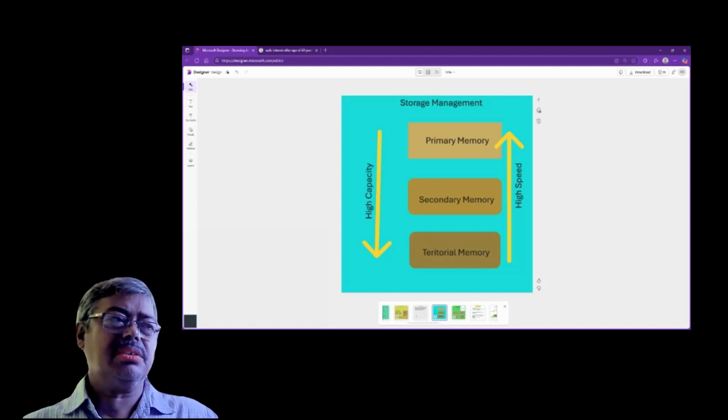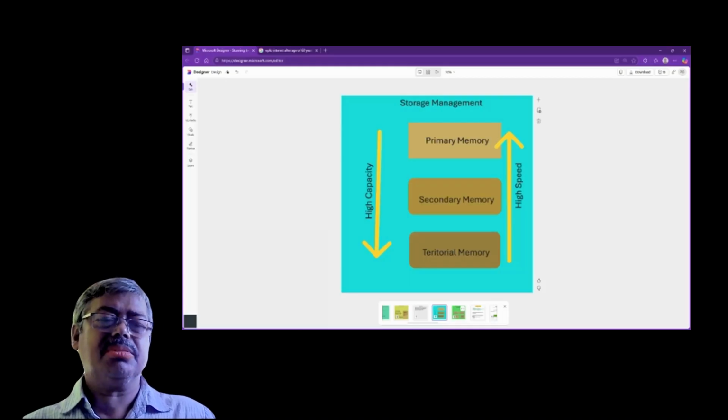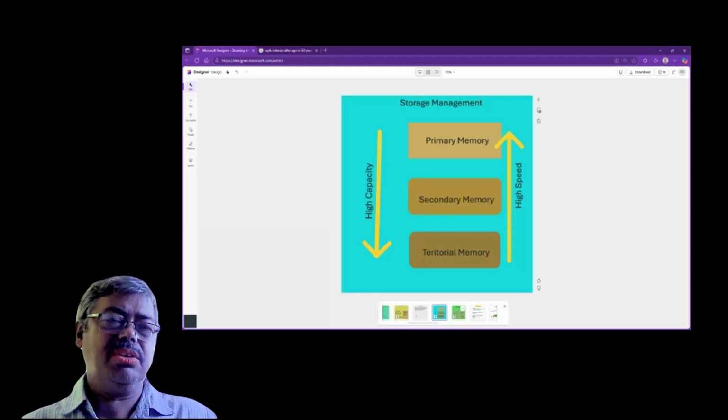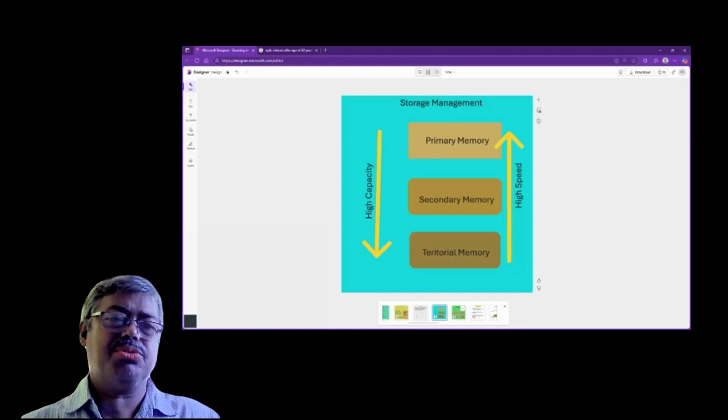Secondary storage is SSD, hard disks, pen drives, etc. This memory type has huge capacity, but the speed is very low. And primary memory is high speed, but the storage capacity is very low. ROM or RAM is primarily used.